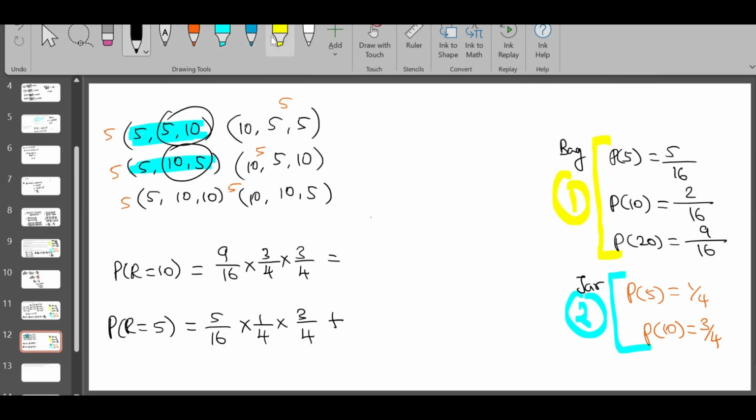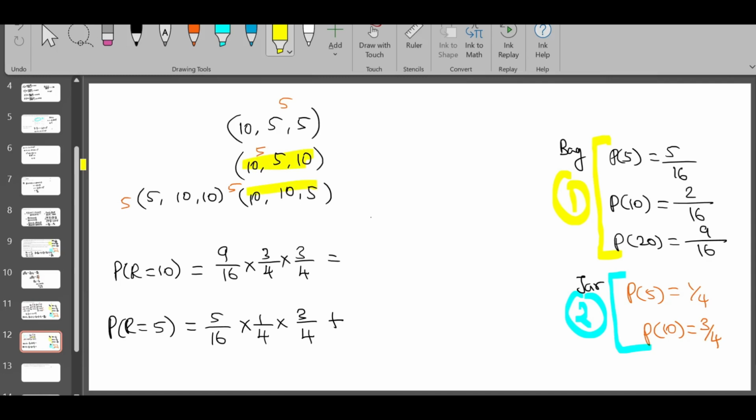Don't ever think that if you see 2 5s 10, this is also a similar one. No, because the first 10 is coming from the bag here. Okay, we are done with these 2. And then is there any other similar one? These 2 are similar also, right? First 10 is coming from the bag, so 2 over 16 times 5 and 10 are coming from the jar.